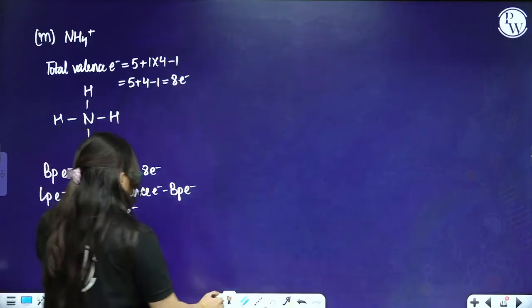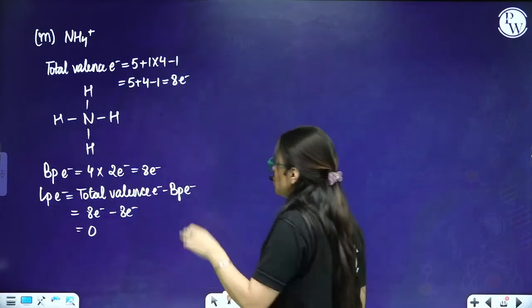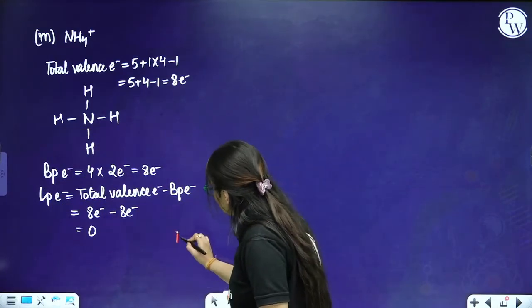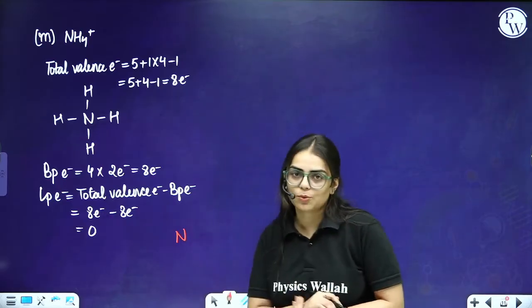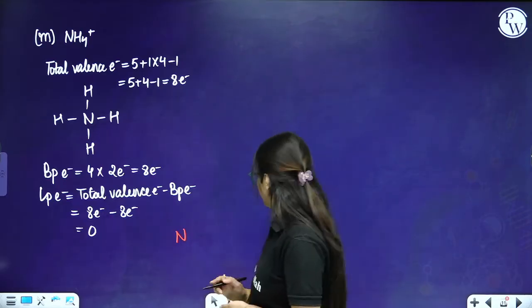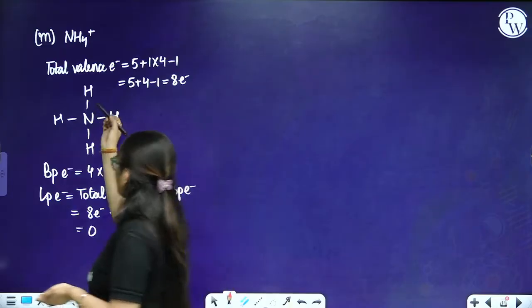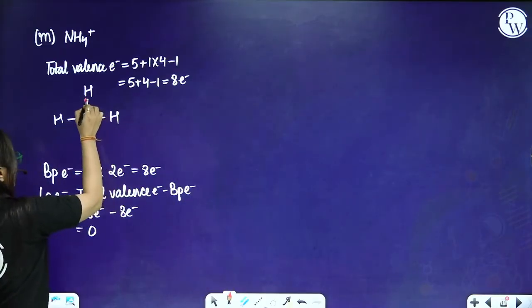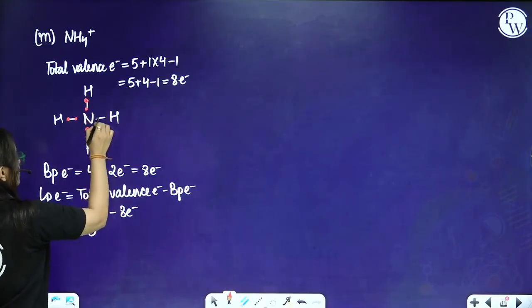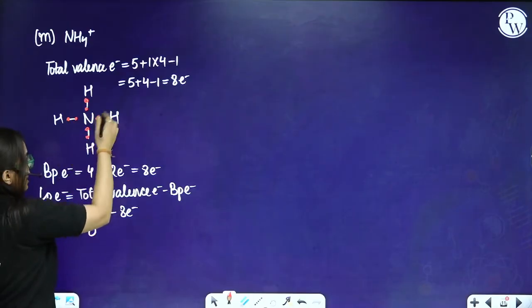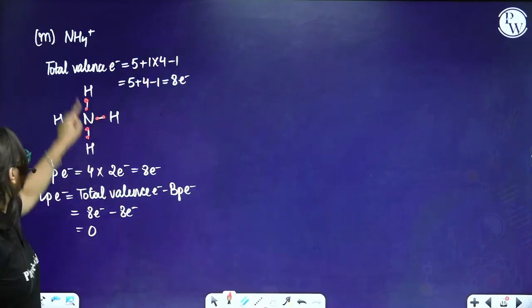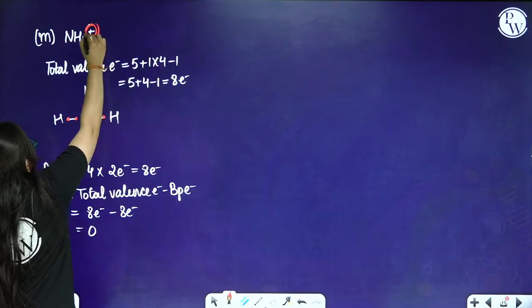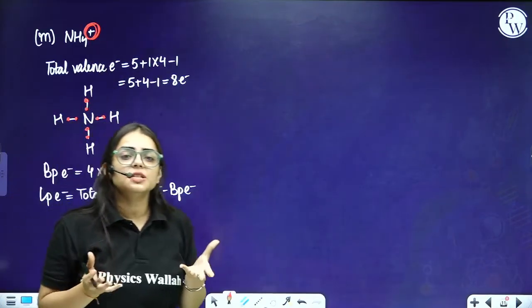Next part. Let us draw the structure completely. Nitrogen has 5 electrons in the outermost shell and hydrogen has 1 electron. Nitrogen has 1, 2, 3, 4, 5, 6, 7, 8, completing its octet. Even hydrogen is completing its duplet. But where do we represent this positive charge?